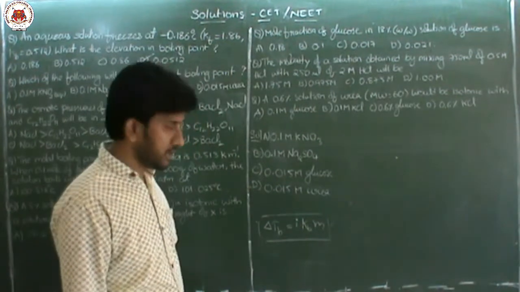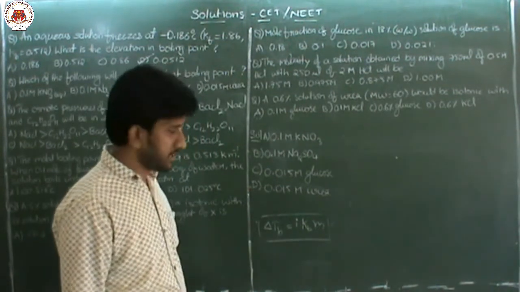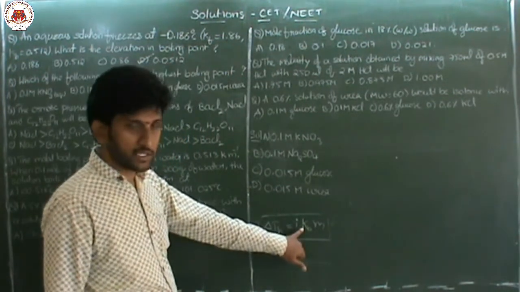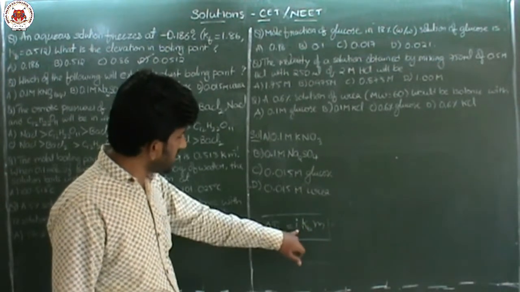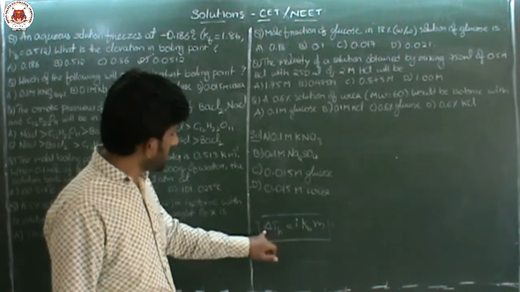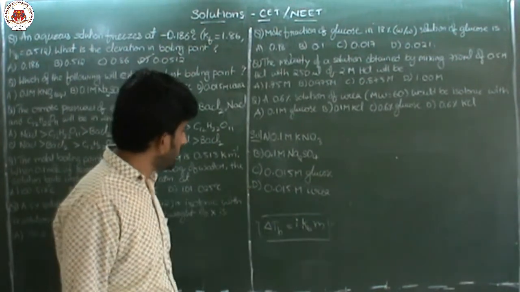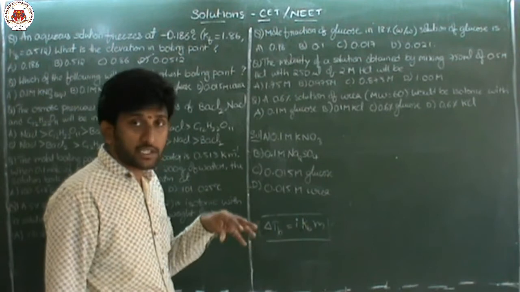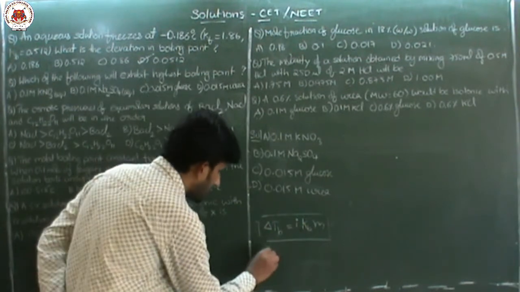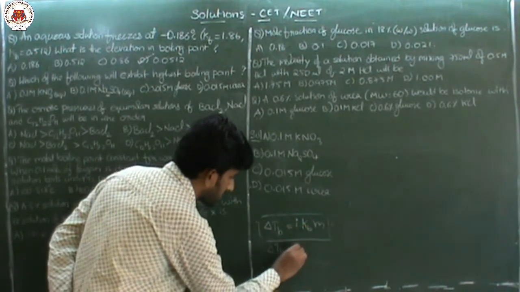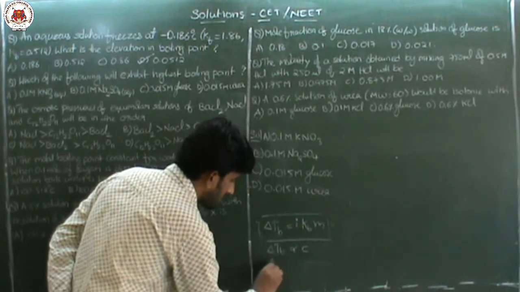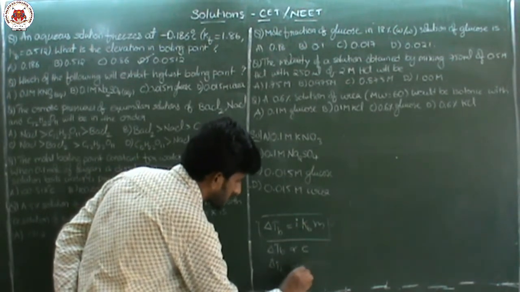First of all, from this you can say that Kb is constant, so delta Tb is directly proportional to i and directly proportional to concentration. Whichever concentration is greater, delta Tb is directly proportional to concentration, and delta Tb is directly proportional to the i value.